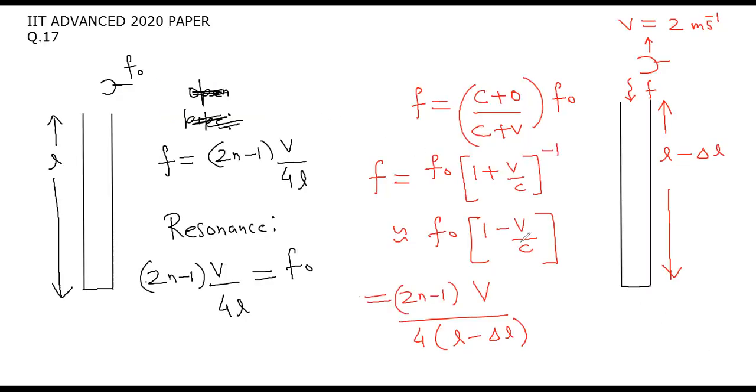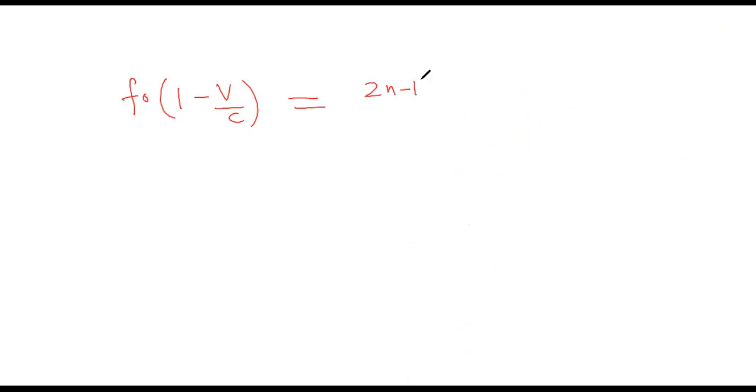Now, for resonance, f naught (1 minus v by c) could be equal to (2n minus 1) v by 4l, (1 minus delta l by l).